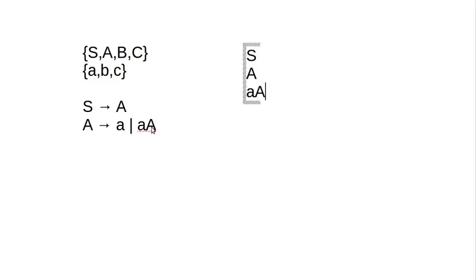Alternately, if we take the other path, we get AA. If we take this path, we have one letter A here, so we have to apply a rule, and we can either get AA or we could get AAA, depending upon which one we pick.